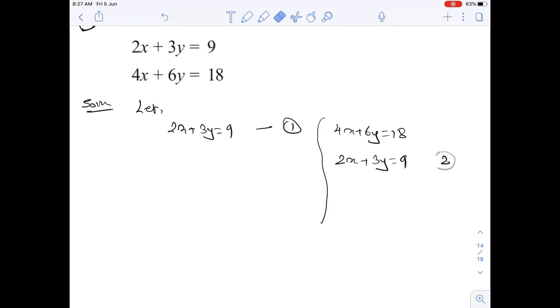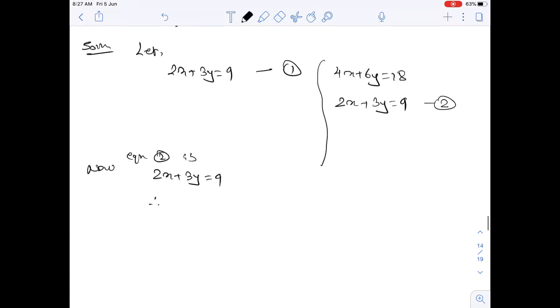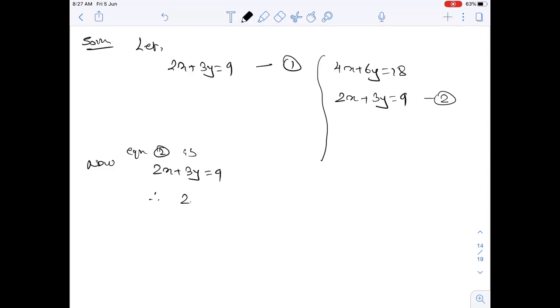Let us keep this one as it is. Now we are going to make changes in this equation only. So now you will get 2x equals 9 minus 3y.